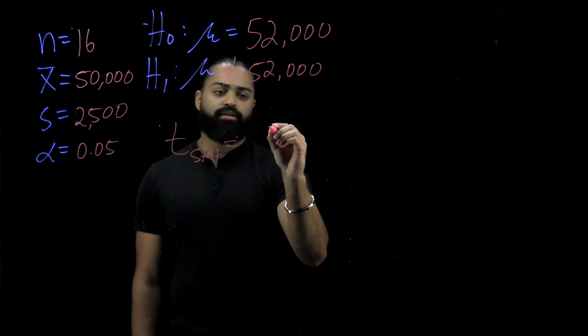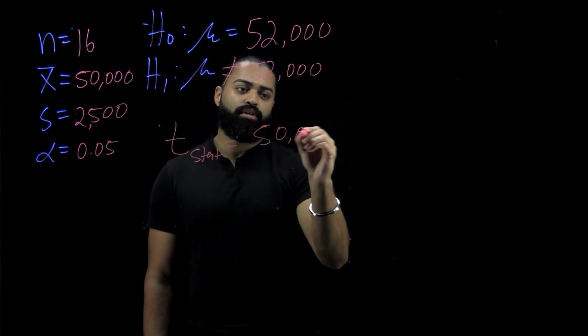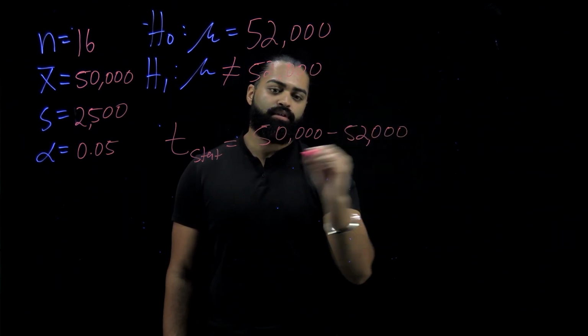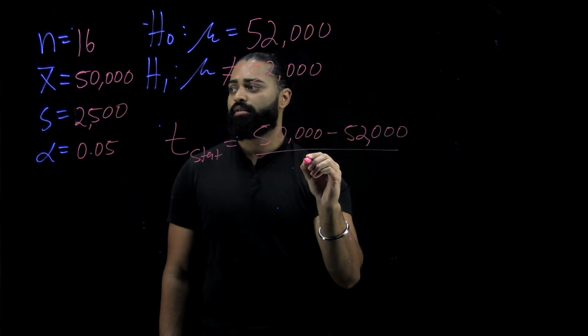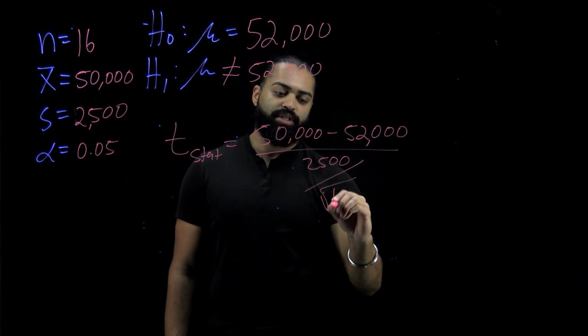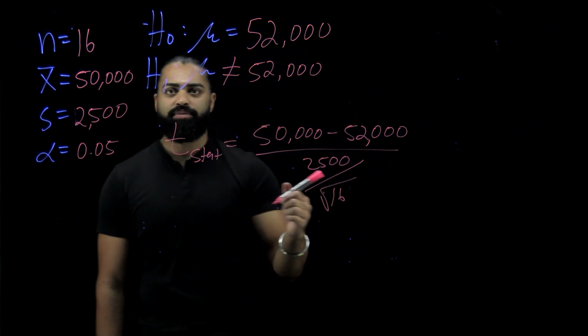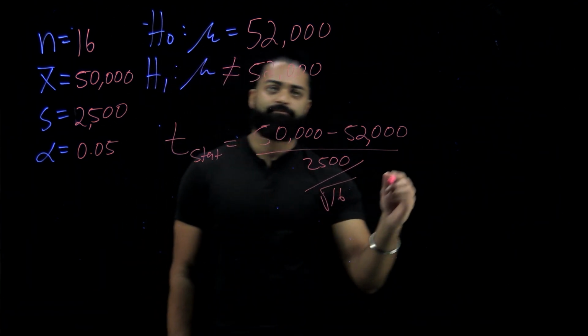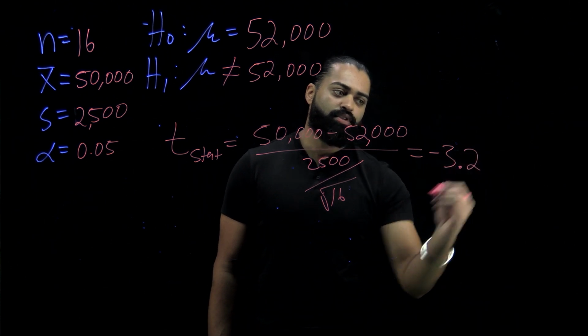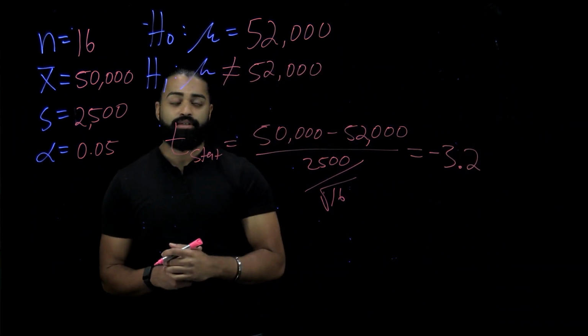So it's x bar, which is 50,000, minus 52,000, divided by the 2,500 over the square root of 16. If I do all of this math right now, what I'm going to get is negative 3.2. So negative 3.2 is my test statistic.